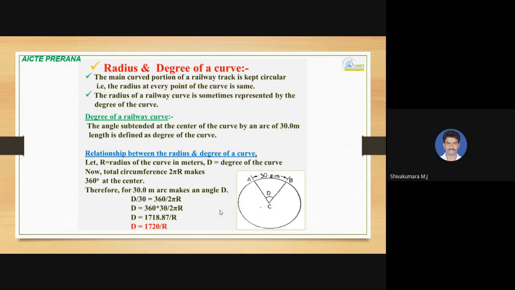If you are using a 30-meter chain, in such a case the degree of curve is calculated by 1720 divided by R. This degree of curve will change if the length of chain is different. If it is a 20-meter chain, this equation is going to change. The degree of a railway curve is the angle obtained at the center of the curve by an arc of 30 meters, as we have used a 30-meter chain over here.